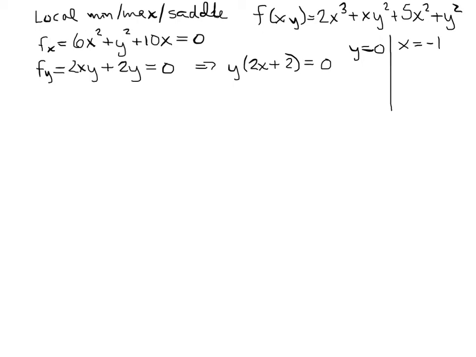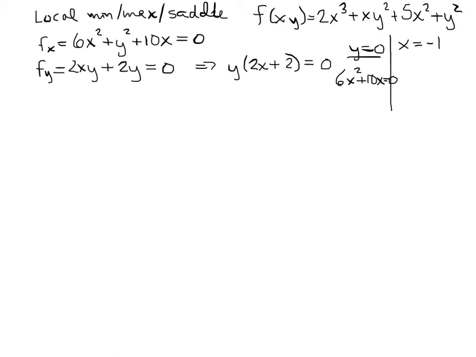So I'm taking y equals 0 and I'm going to plug it into the equation that I haven't used. When I do that, I get 6x squared plus 0 plus 10x equal to 0.